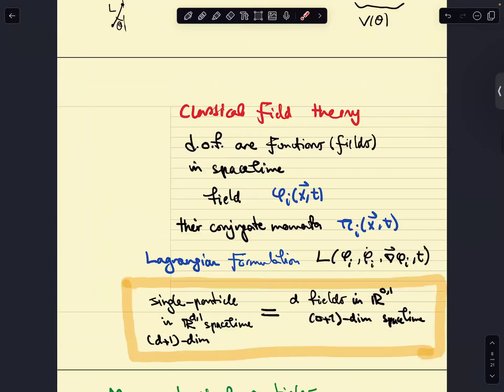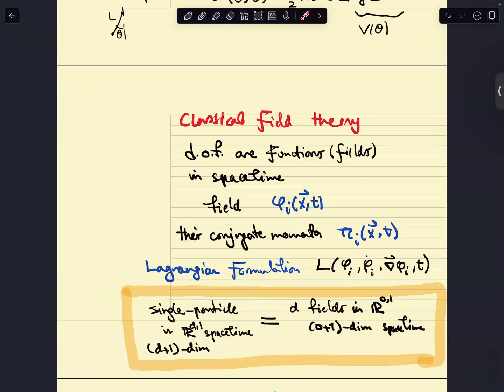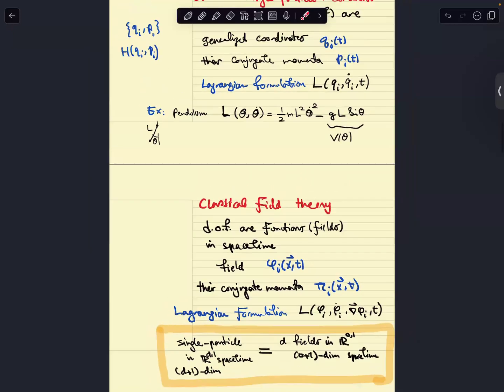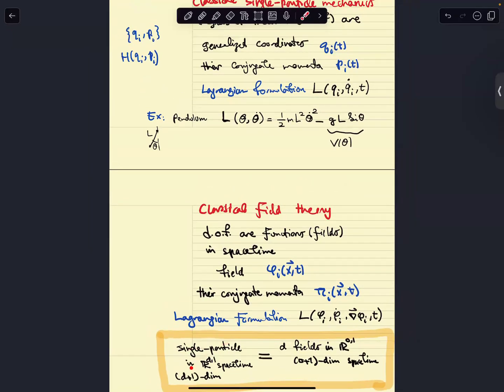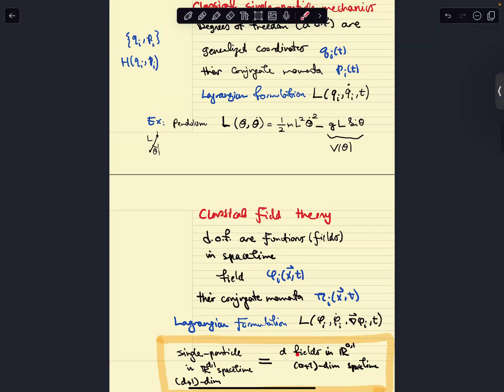So from this analogy, I had a point. The point is that, as you can see in comparison, single particle classical mechanics in d spatial dimensions is equivalent to d classical fields. Here d is the number of fields in time, no space here. So field theory in 0 plus 1 dimensional space-time, if you have d copies of the field, is equivalent to a single particle in d spatial dimensions.